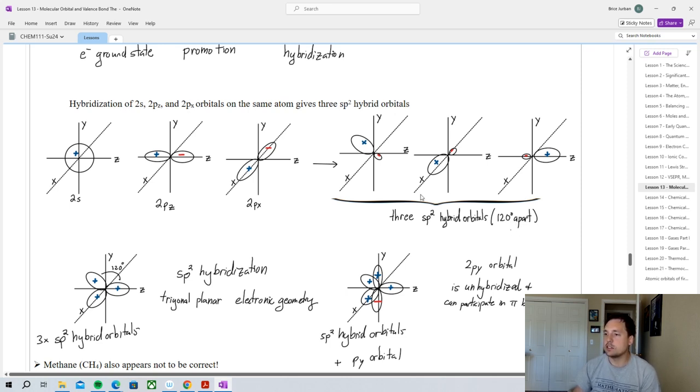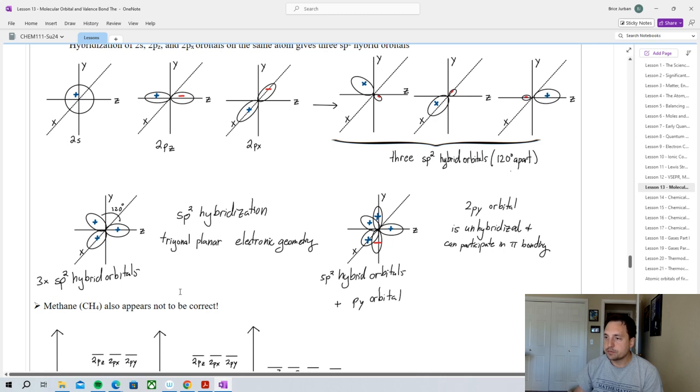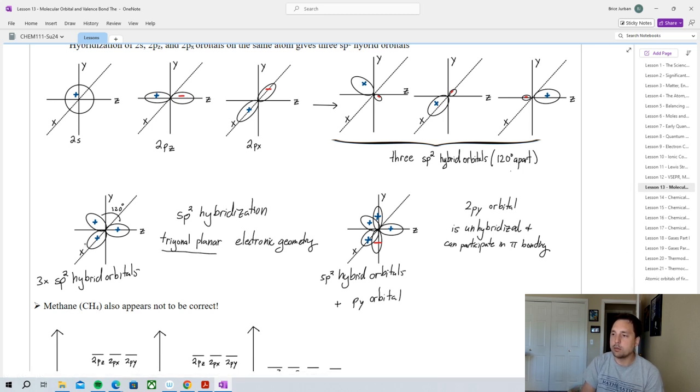These orbitals are going to exist in the xz plane, so they're going to have no component along the y. It looks like there's some small component here, but that's not right. These are supposed to be drawn in the xz plane. And then when we combine these 3 orbitals together, we'll get an electronic configuration that looks trigonal planar. And that's what we need to get the correct geometry.